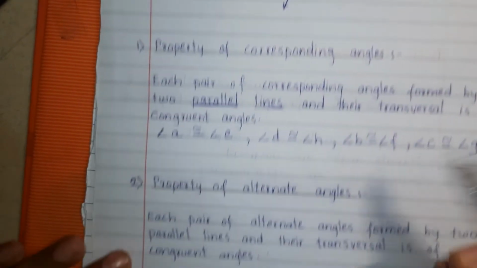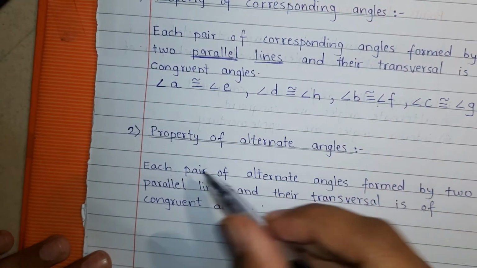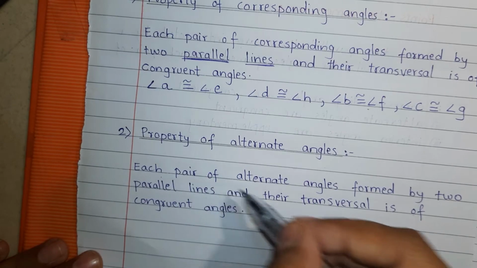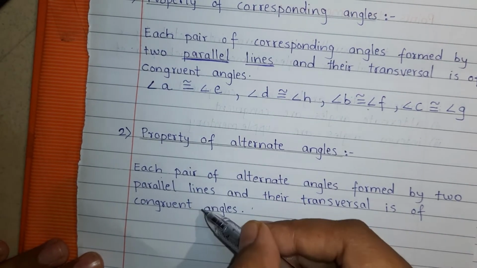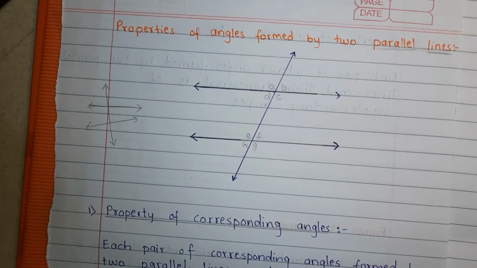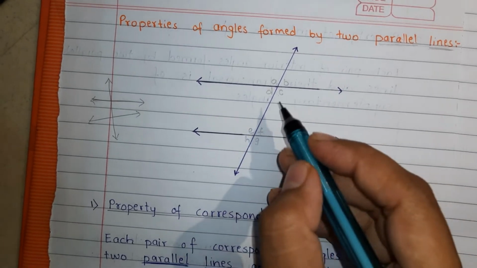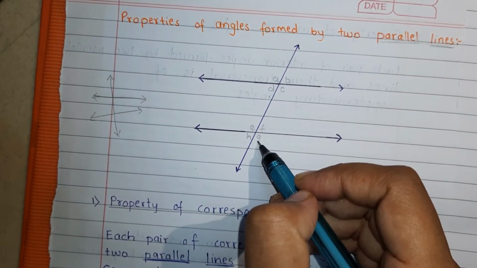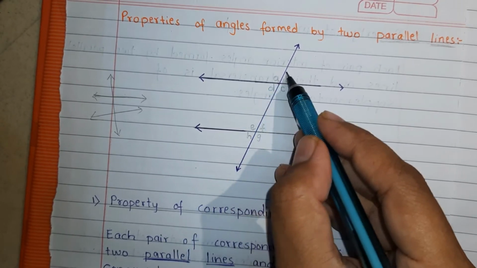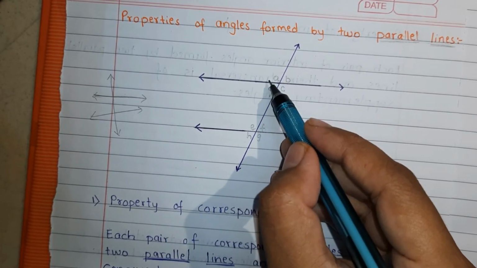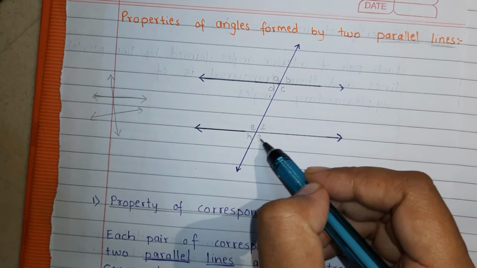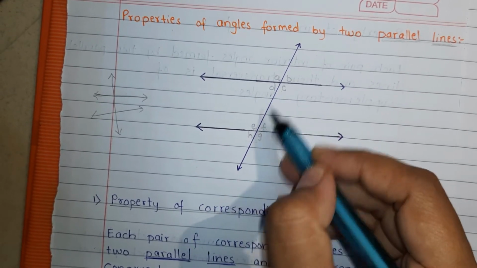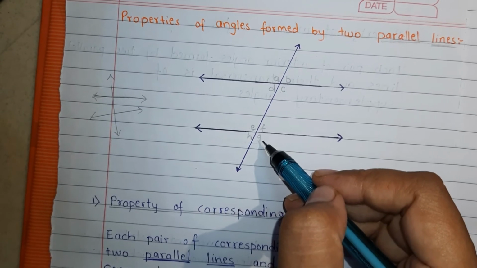Now, next is the property of alternate angles. Each pair of alternate angles formed by two parallel lines and their transversal is of congruent angles. Now see, which are the alternate angles? A and G. Just now we have measured that A is 110 degrees and G is also 110 degrees. So A and G are alternate and they are congruent also.